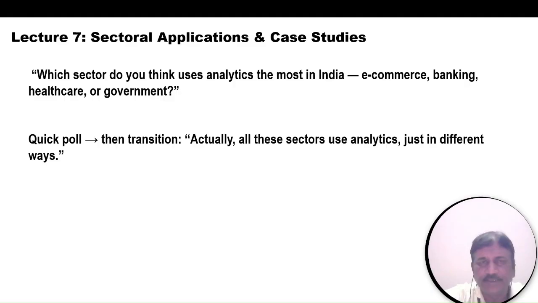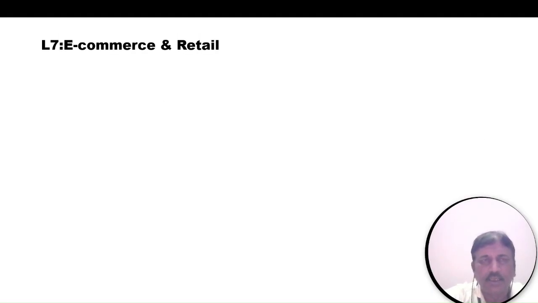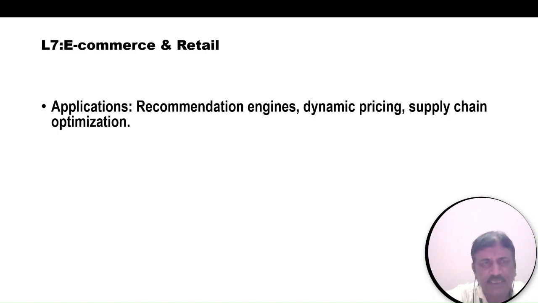Right? And now let us see e-commerce and retail. I'll be short while explaining all these applications. Recommendation engine, you have seen in the Amazon example, Flipkart example. They change the price depending upon your need or many customers wanting the same kind of product or service.